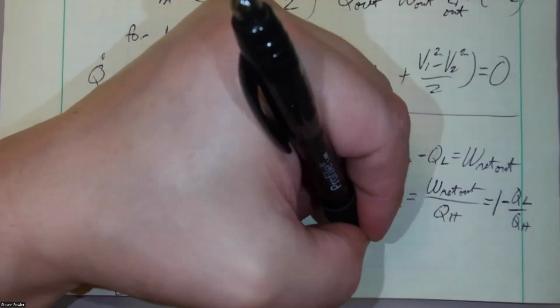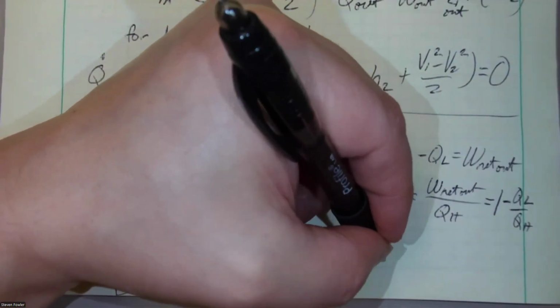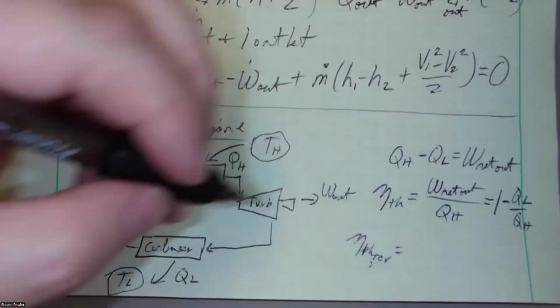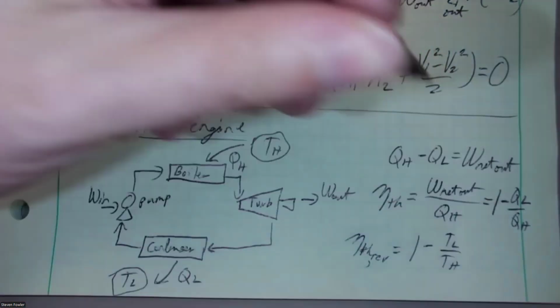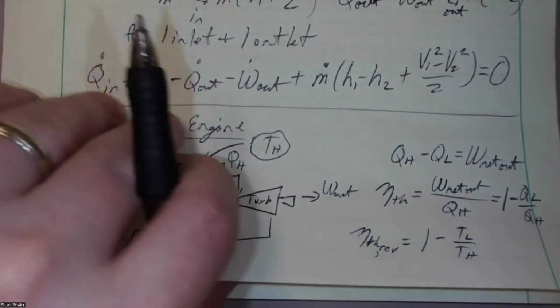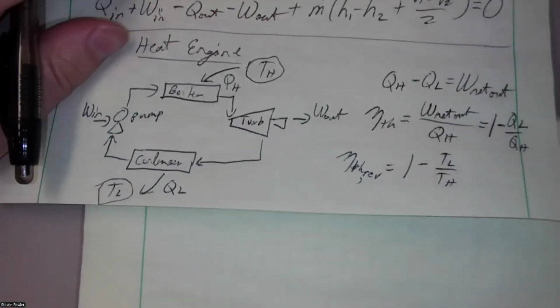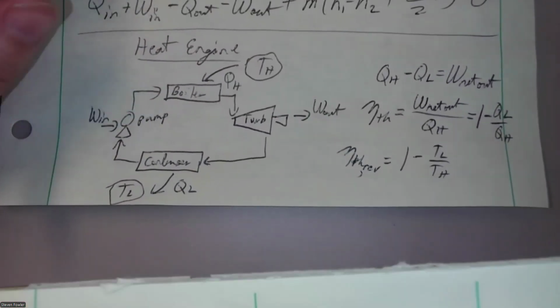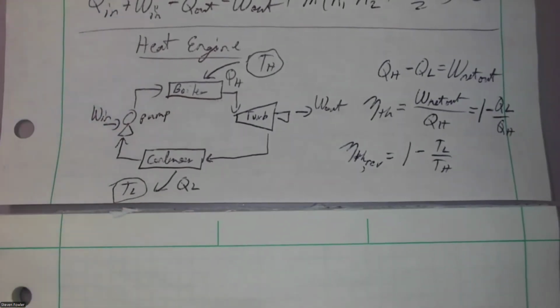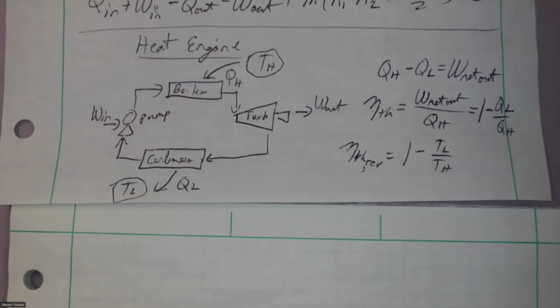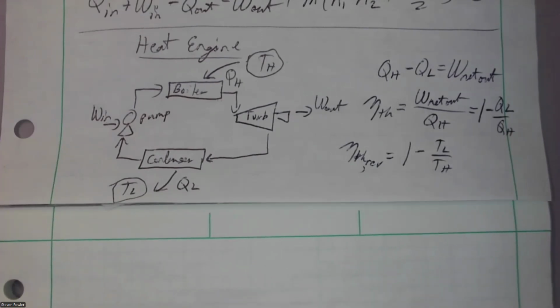And if it's a reversible device, we can also find that thermal efficiency based entirely on the temperatures. That's 1 minus TL over TH. So that's our maximum performance, our maximum efficiency, but the efficiency for any heat engine is always the work divided by the heat in. But if it's reversible, we can also set it equal to that maximum limit.